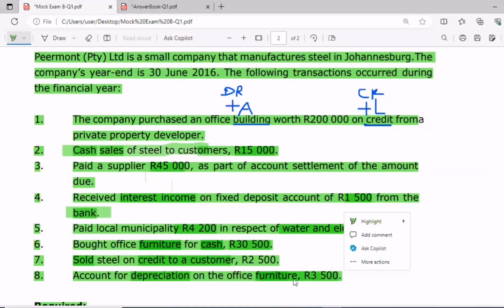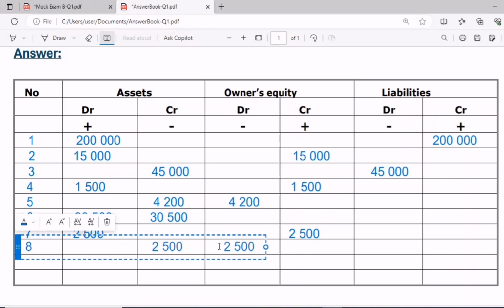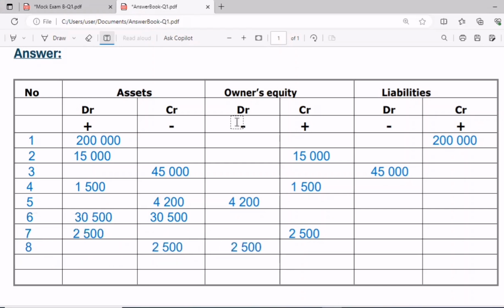So because depreciation reduces the value of assets, we're gonna show that on the credit side, because assets decrease on the credit side. So we're gonna show 3.5 here. And guys, depreciation is an expense. So all expense accounts reduce the value of equity, 3.5. So this depreciation amount, we're gonna show it under owner's equity on the debit side because it is an expense. So expenses decrease the value of equity.